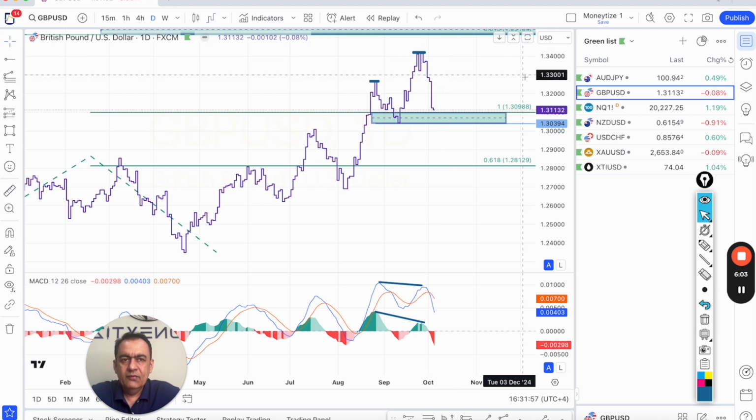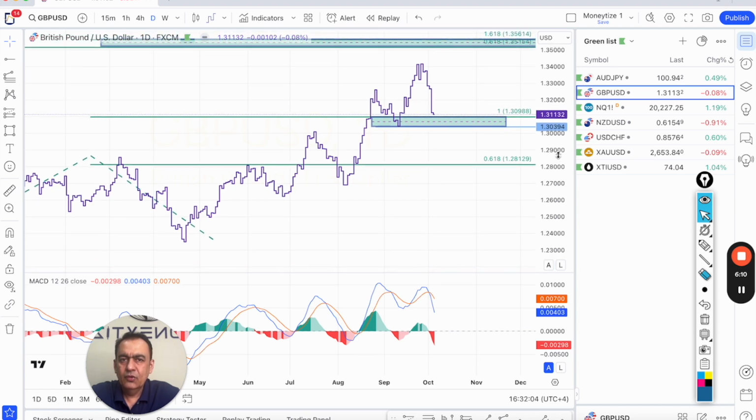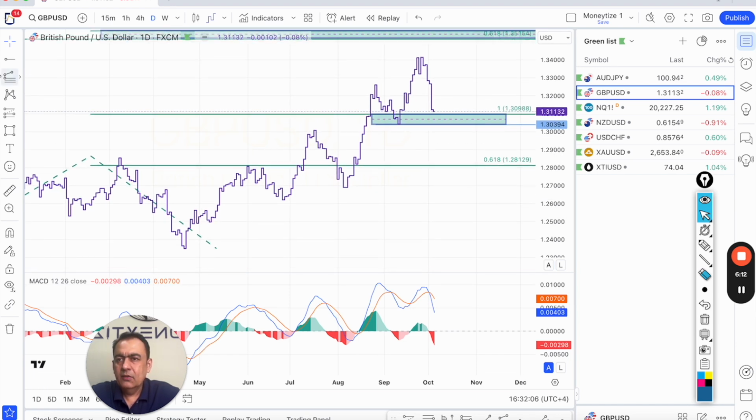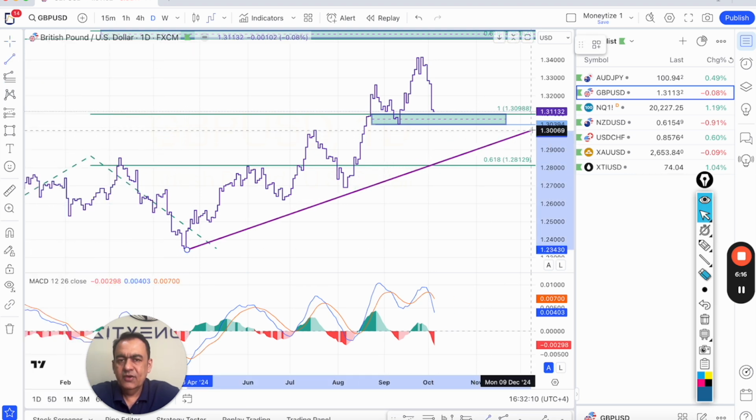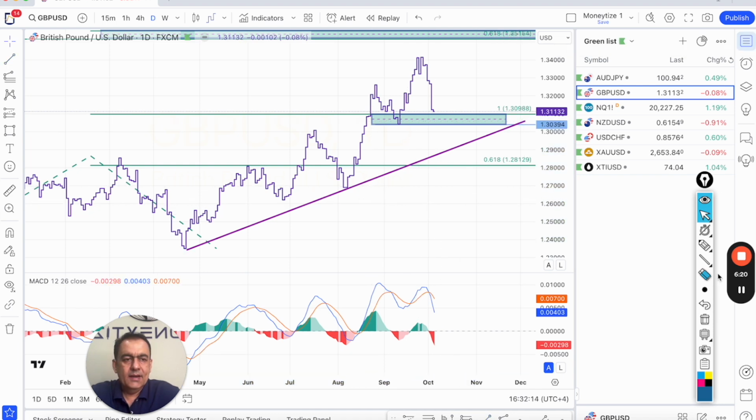So we have identified the magnetic resistance zone higher than the current price, and we have also identified the magnetic support zone. So most likely pound dollar should find support at the current level. We are very close to the magnetic support zone, and I'm expecting short-term bullish bounce in the coming week.